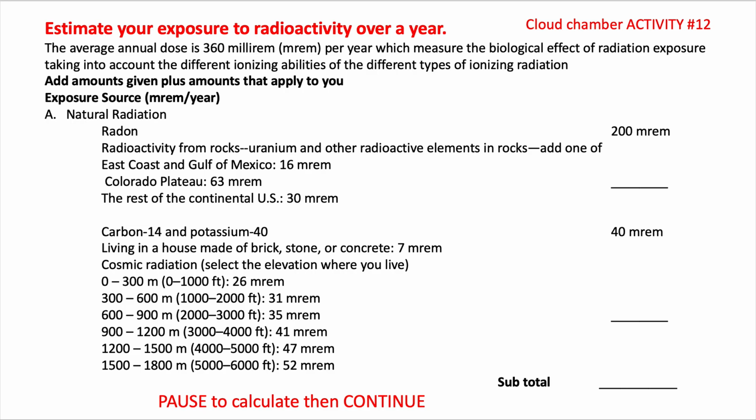Radon is given off from rocks. It depends on which region of the US that you are, so you'll just take one of those across to the line. Experiencing carbon-14, potassium-40 isotopes, again you're given that amount.